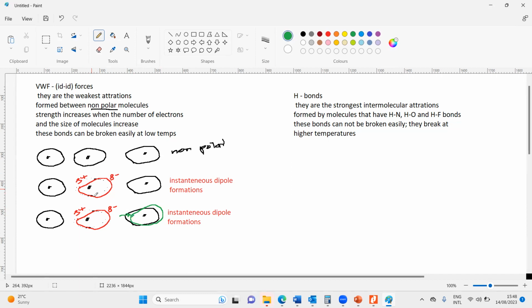Why did a polarity come in the middle atom earlier? Randomly, it is an instant occurrence. As it happens on the right-hand side, electron density is distorted because of the high electron density on the right-hand side of the middle atom. Electrons on the right-hand side get pushed to the right-hand side.